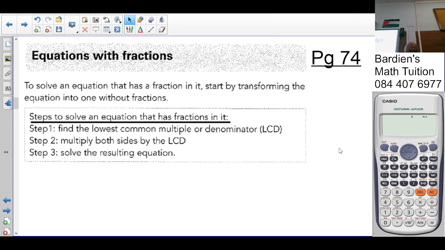Step 1. Find the lowest common multiple or lowest common denominator, LCD. Number 2. Multiply both sides by the LCD. And number 3. Solve the resulting equation. Alright, write that down quickly.